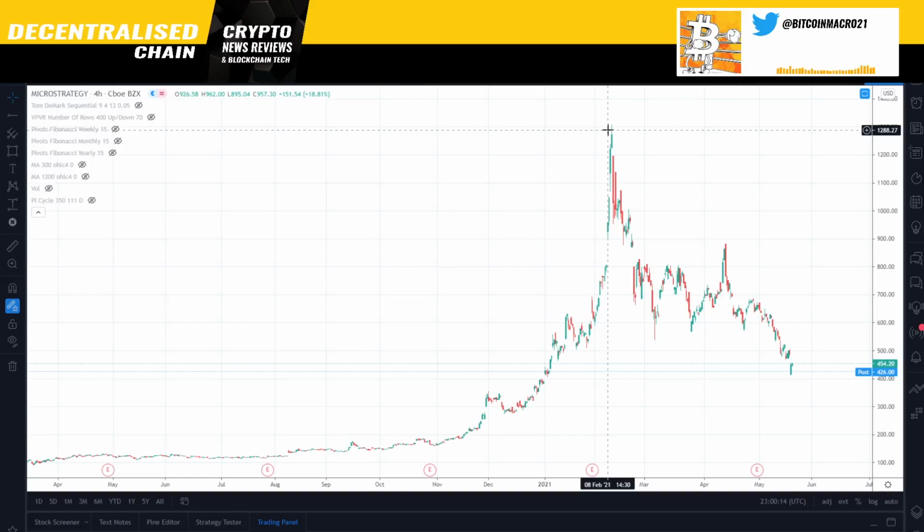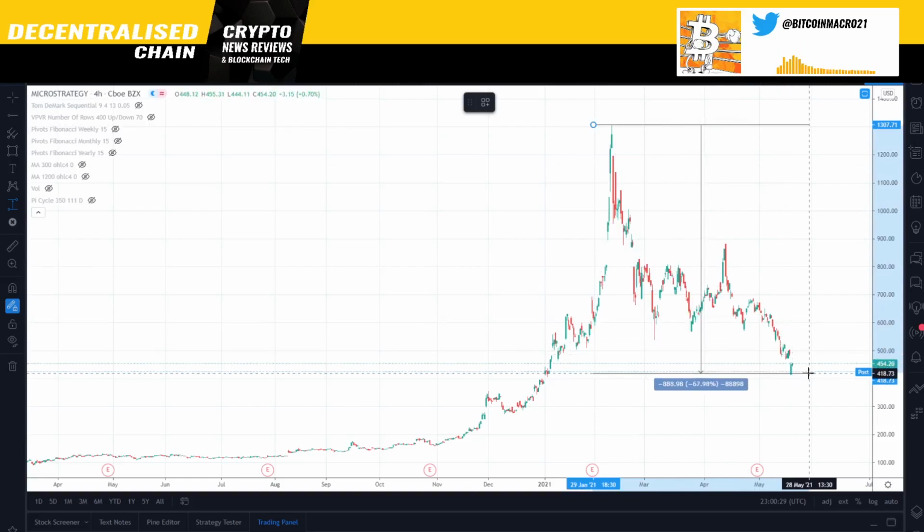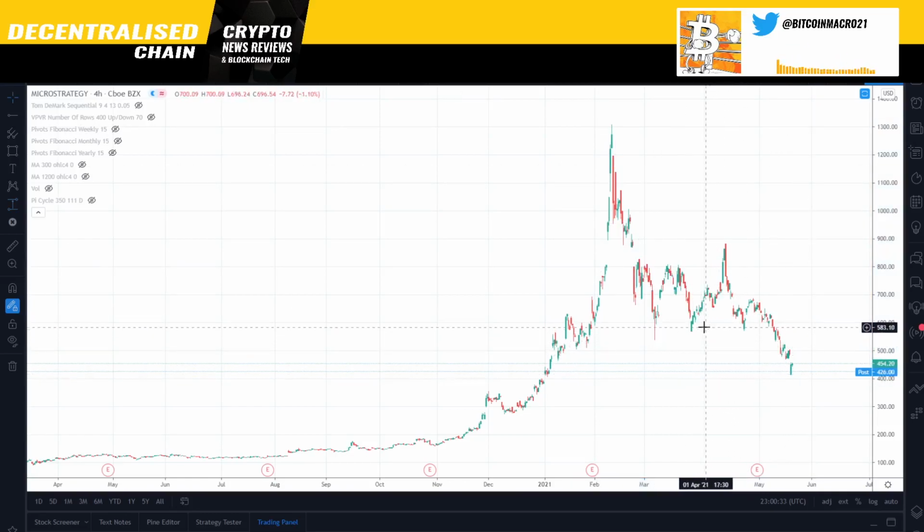There was a bit of an excess because people speculated also. We also saw that in the Bitcoin price, because it was Tesla, it was MicroStrategy getting more and more loans to buy more and more Bitcoin. But the price of MicroStrategy started falling way before the price of Bitcoin. It has already fallen about 70%. And that was a bit of an indication that there was less interest for Bitcoin.